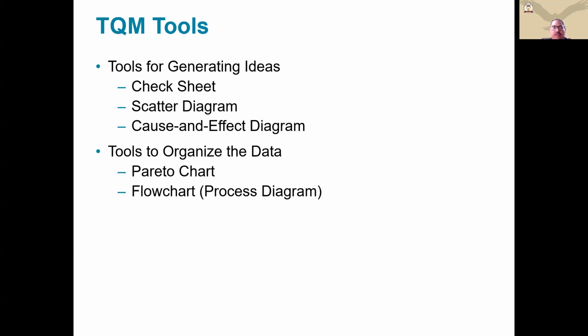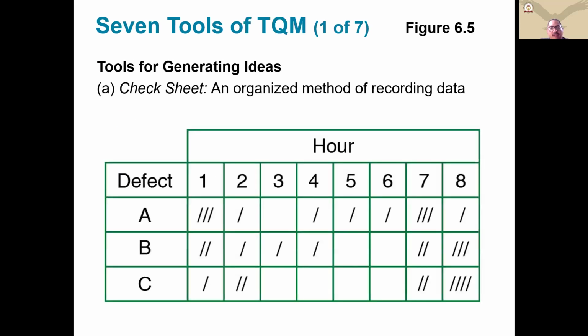Real simple to use. If you encounter them, you will be familiar and you will know how to use them, okay? The check sheet is a simple document where you pretty much keep a tally of defects in the process, right? So you have a chart that you create and you have the data, and based on the process that has been established, you keep a tally of anytime you encounter a defect.